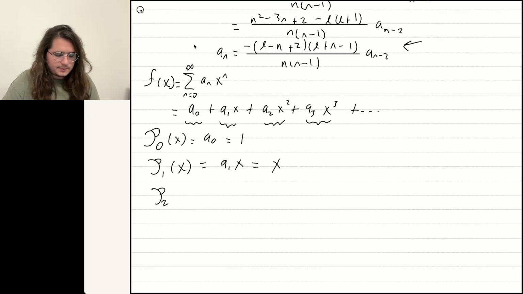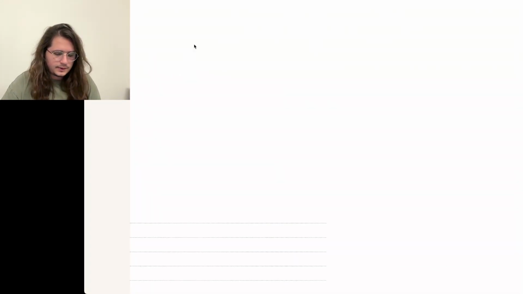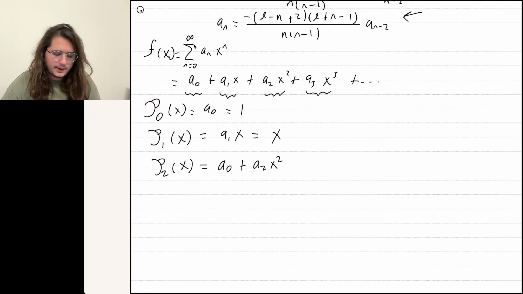The second Legendre polynomial is going to include the first constant plus a2x squared, and that's where it truncates. For a2, we have a particular form for it up here via the recursion relation. It's related to a0.